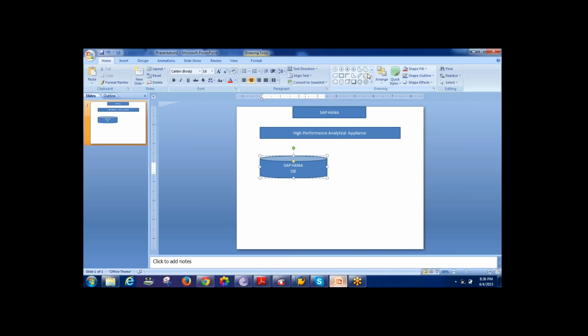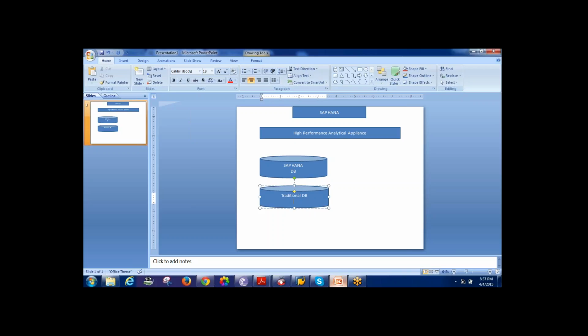So, what is our regular database? The traditional database is called a regular database. There are a number of RDBMS systems available.